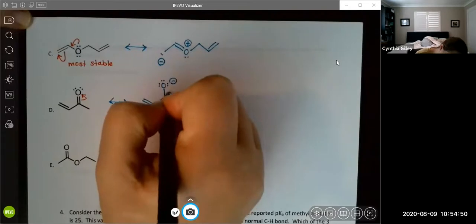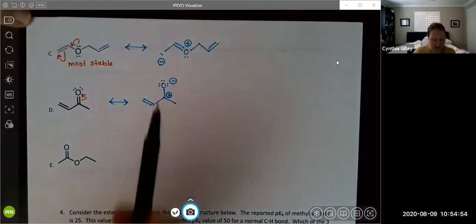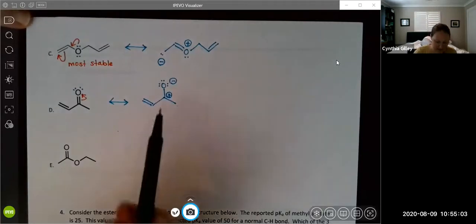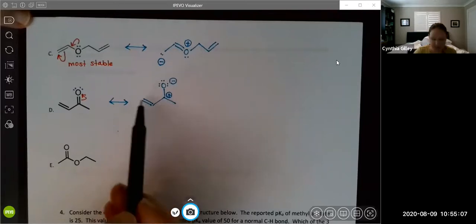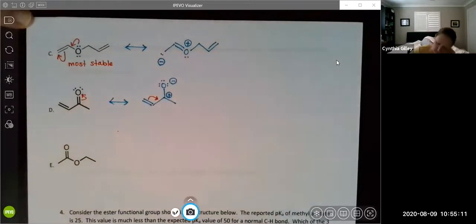Remember that you're going to generate a positive and a negative charge. So if you forget one, you just always double check that the net charge in each structure is the same. Okay, once we have this, we might be able to recognize that this is an allylic positive charge. So we can shift these pi electrons over.